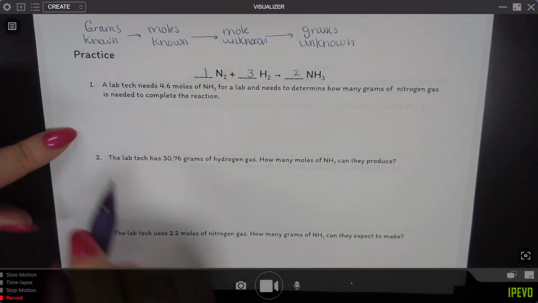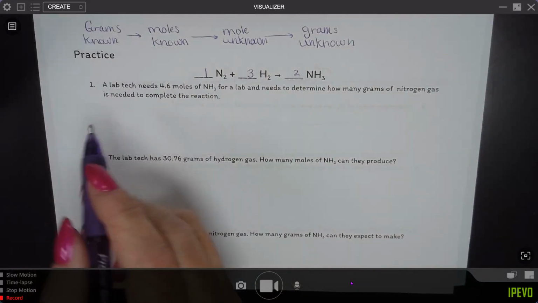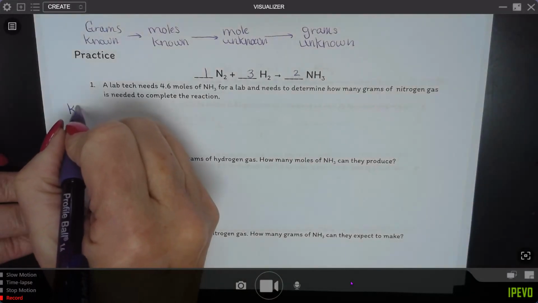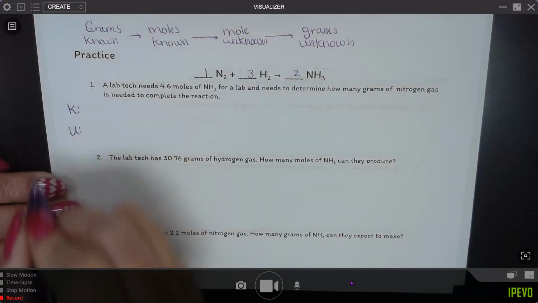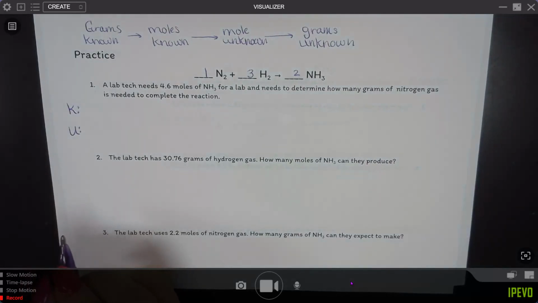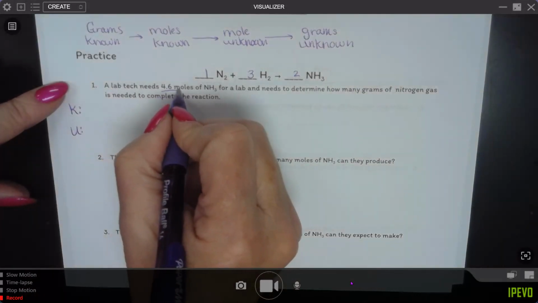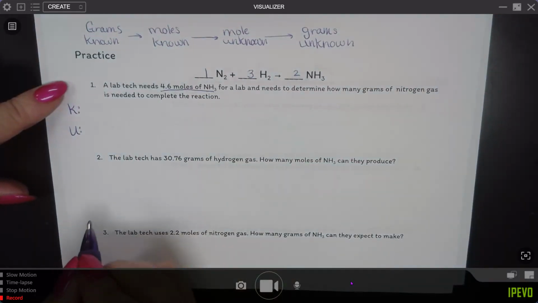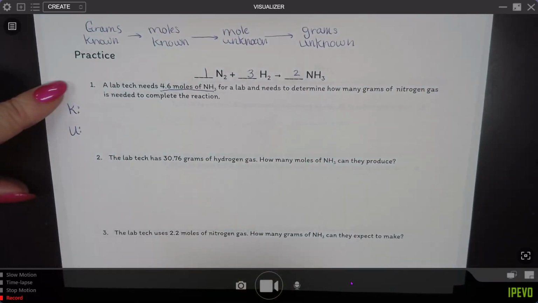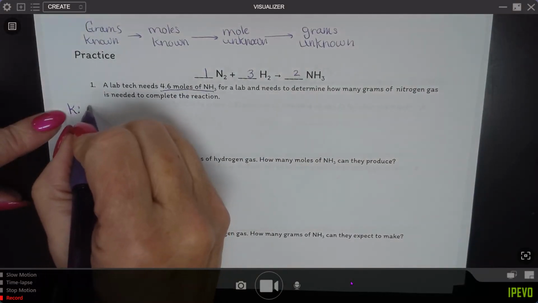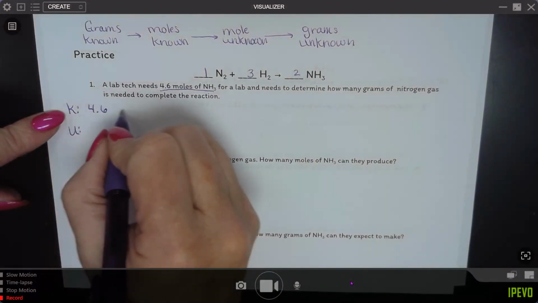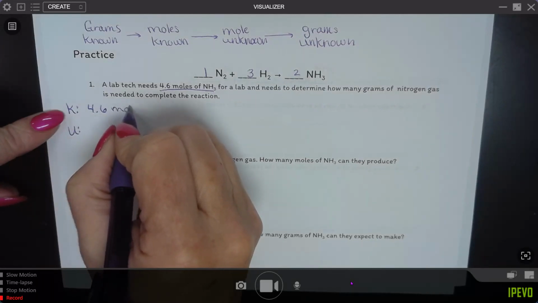All right. So if you look at this problem, we're always going to be looking for your known and your unknown. Okay, and that's how you're going to really know that you're on the right track, especially with units. Okay, so the known is always going to be the thing in the question with the number. So our known in this case is 4.6 moles, and it's moles of NH3.